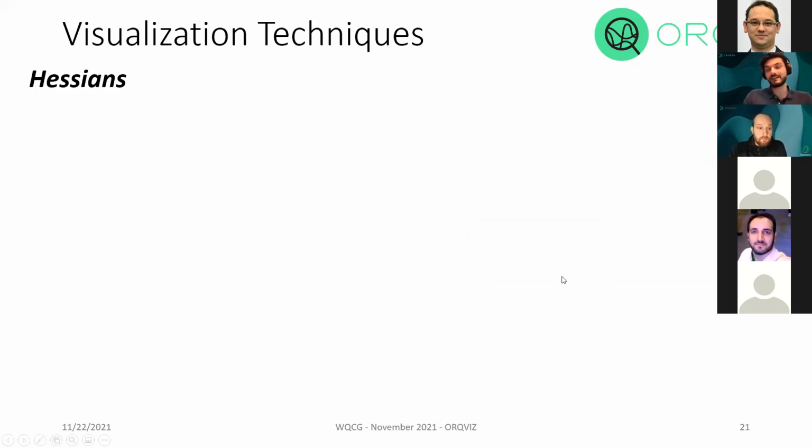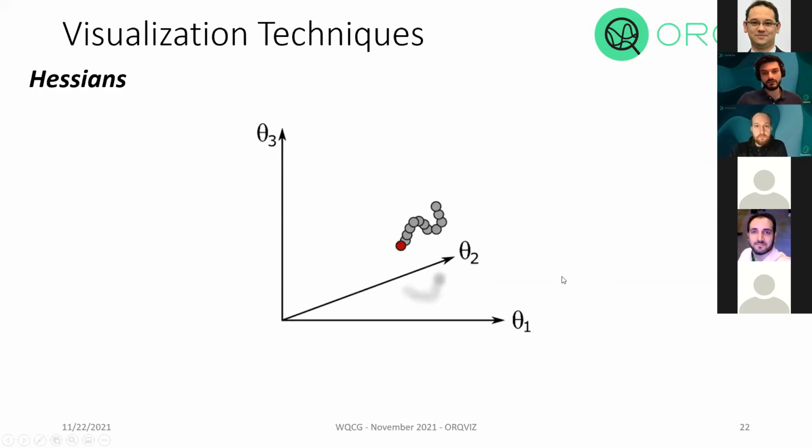Right. And that is Hessians. The Hessian of a function is the matrix of second partial derivatives. So it's how much the gradient changes with a certain perturbation. So it's the curvature.